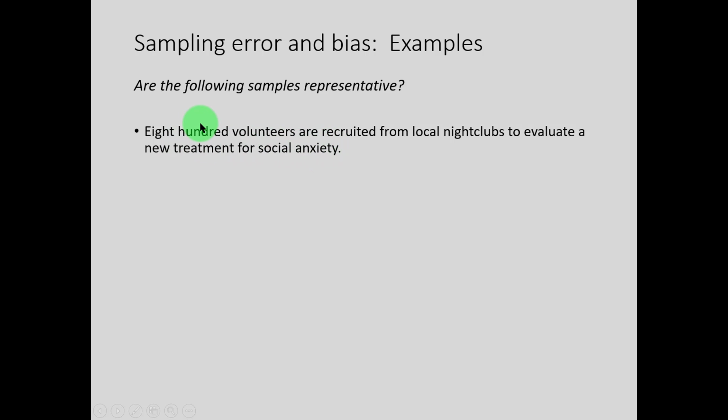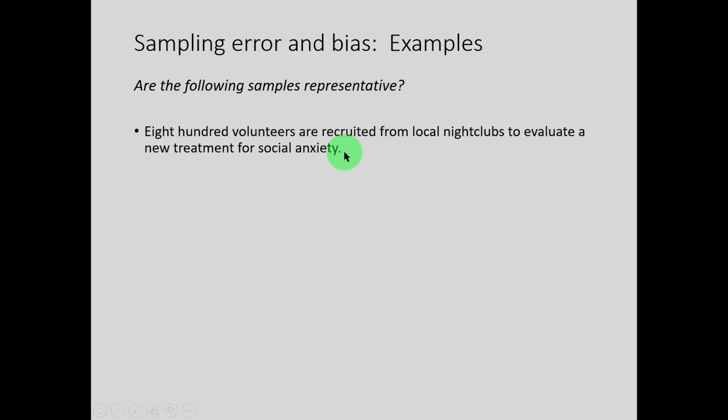All right, that's all we're given. So I want you to think about, okay, local nightclubs is where the sample is coming from. And furthermore, they're volunteers. But the study is going to evaluate the effectiveness of a treatment for social anxiety.